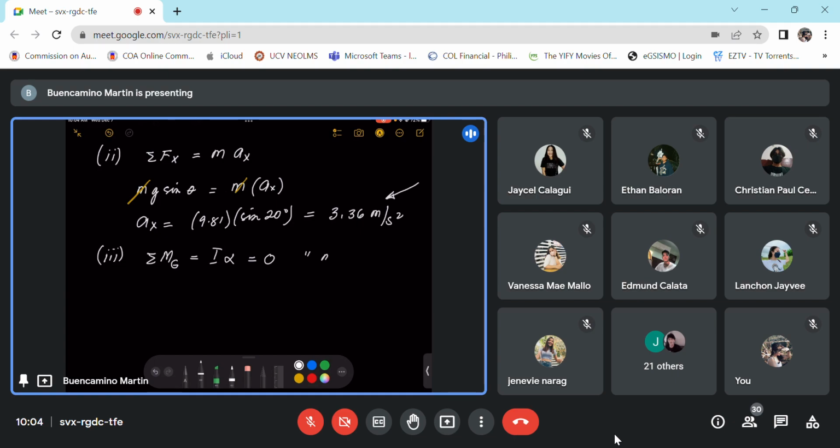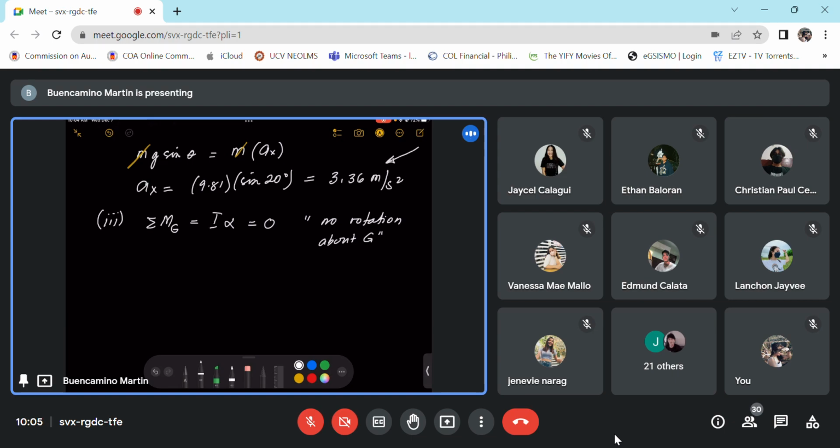Again, class, I'd like to note here that there is no rotation about G. And so our equation reverts again into an equilibrium equation. We simply have the summation of moment at G equal to 0.